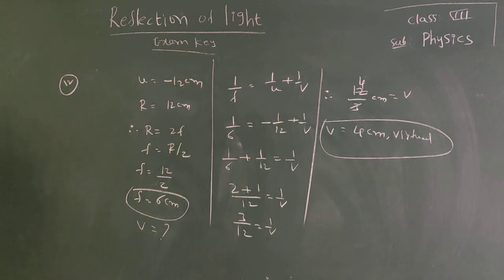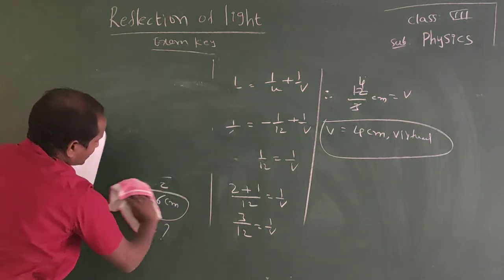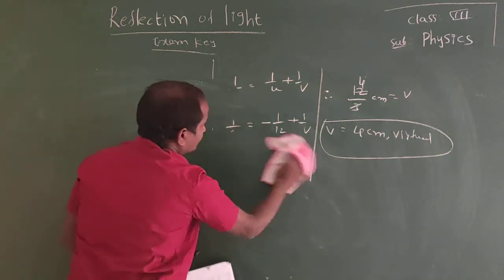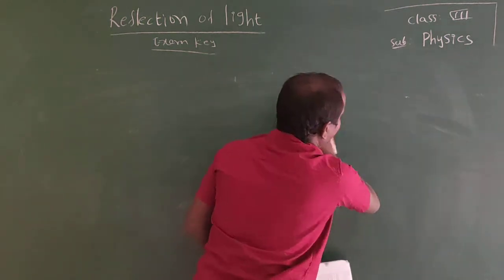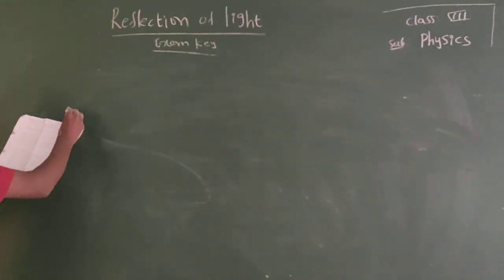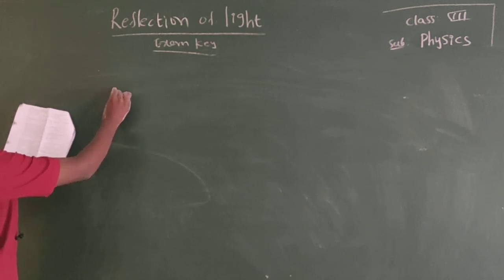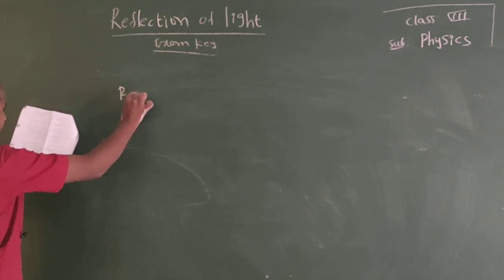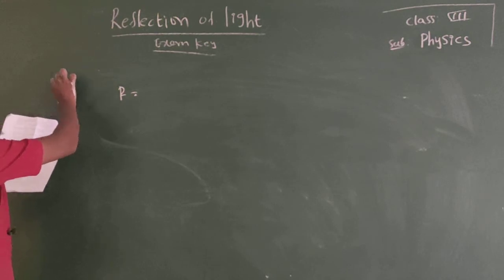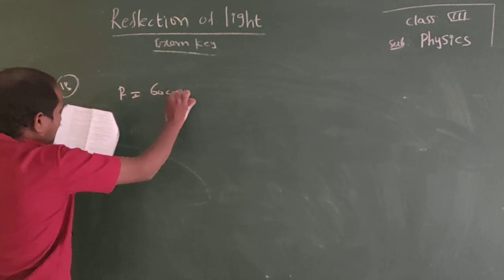Next one. The radius of curvature of a convex mirror is 60 centimeters. Then find the focal length. Focal length equal to r by 2. Here r is given, r equal to 60 centimeters.